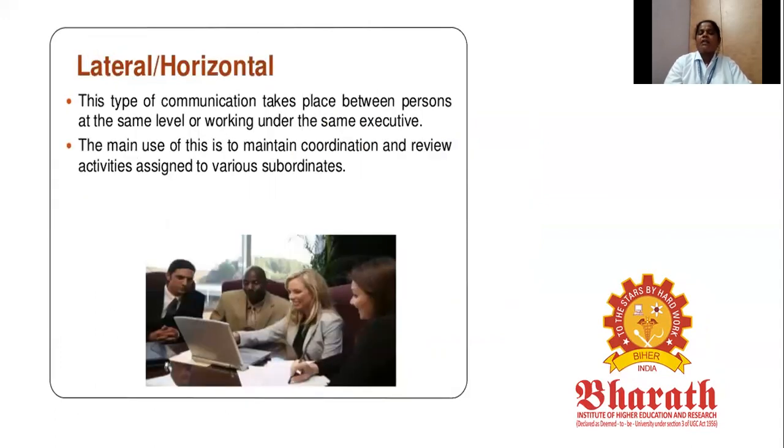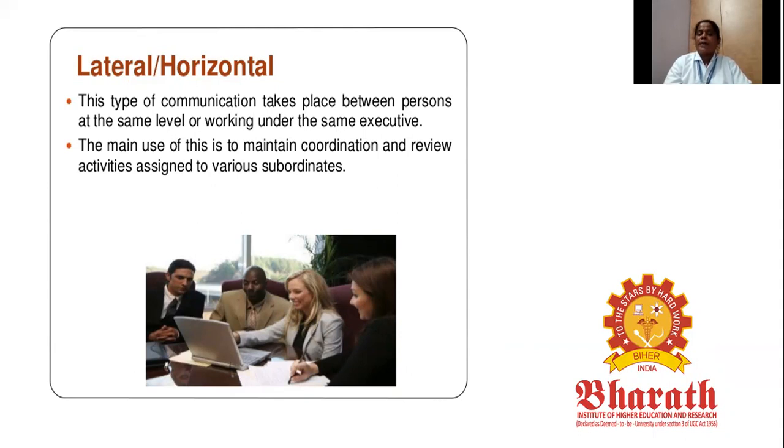Next is lateral or horizontal communication. This type of communication takes place between persons at the same level, working under the same executive, in the same institution and the same department, communicating one to one. That is called lateral or horizontal.